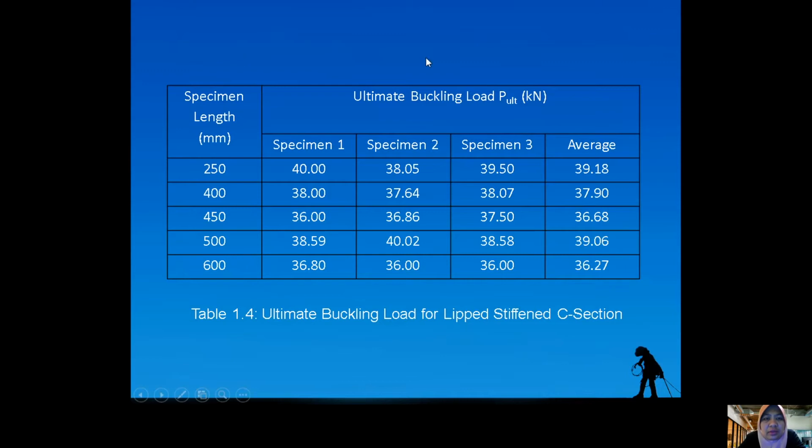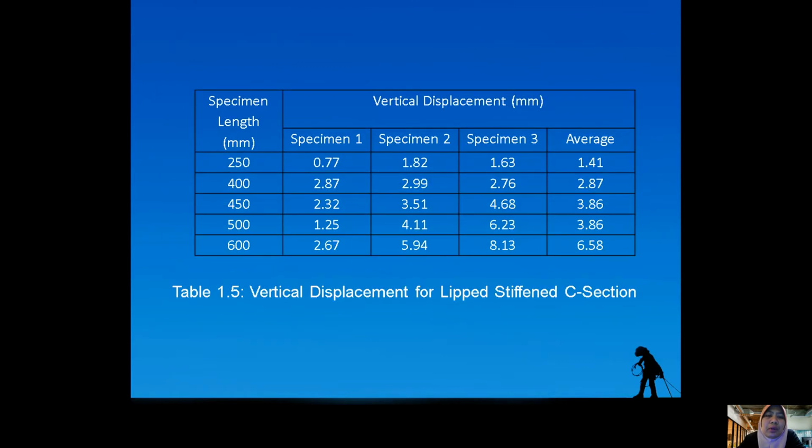If you can see here in the figure, the average buckling for the same size, which is length 250, is 39.18, the most buckling of the column.